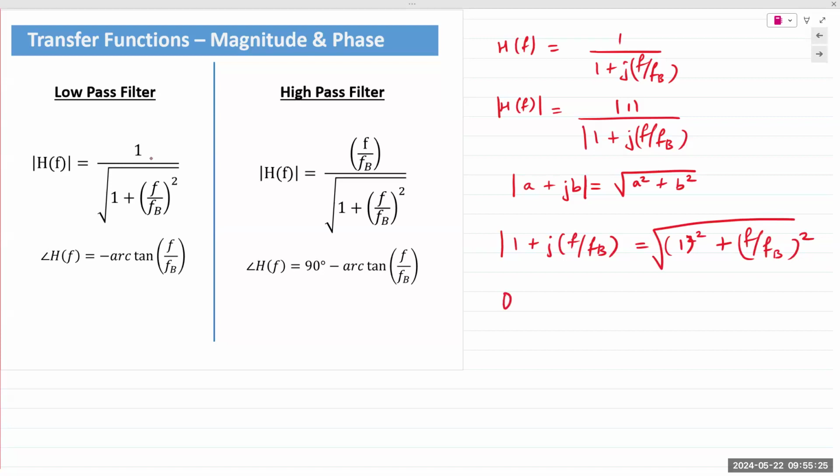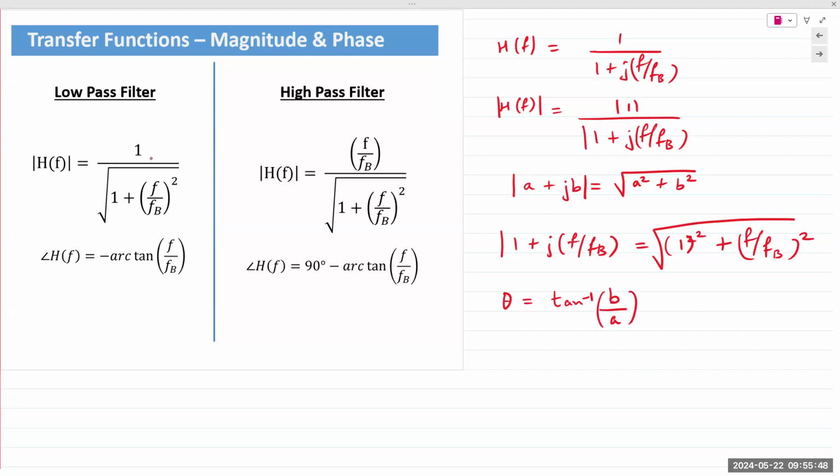And then, of course, the phase angle theta is tan inverse, or arctan. Arctan or tan inverse is the same thing. Tan inverse of y over x, or b over a.